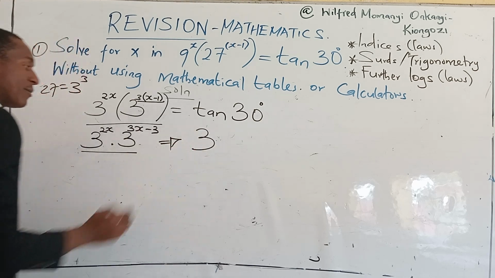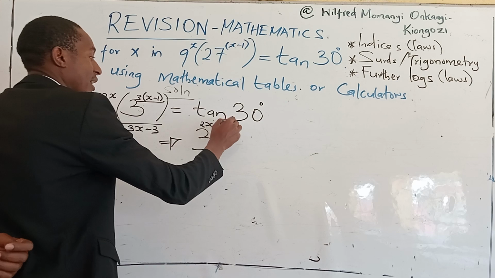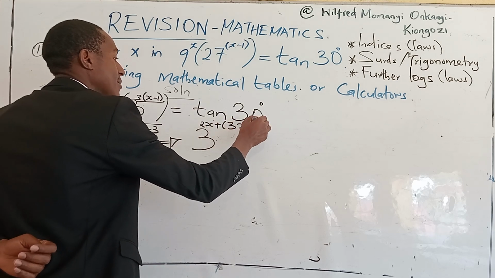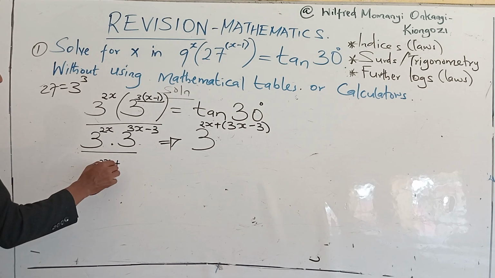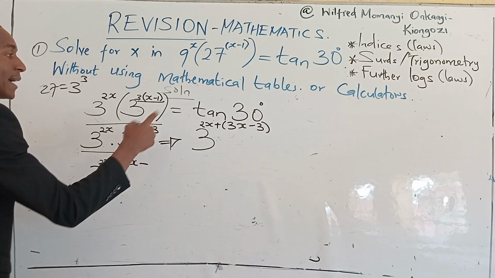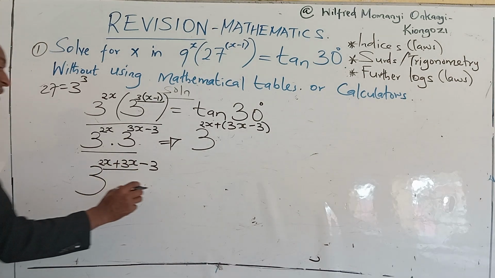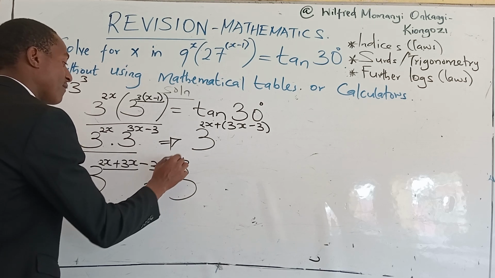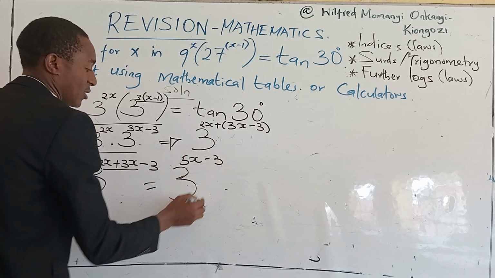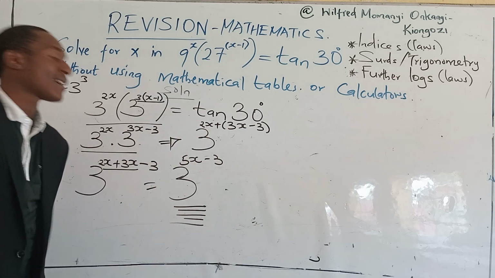So we have 3 base 3, 2x plus, you open the bracket, 3x minus 3, which should be 3 power 2x plus 3x minus 3. 2x and 3x, when you add them, you get 5x. So 3 power 5x minus 3. So the left hand side has been done exhaustively. What is remaining is tan 30.